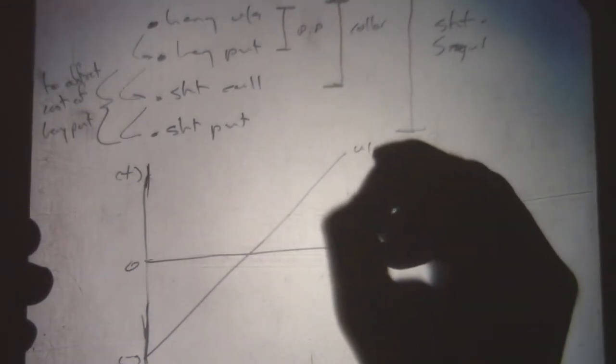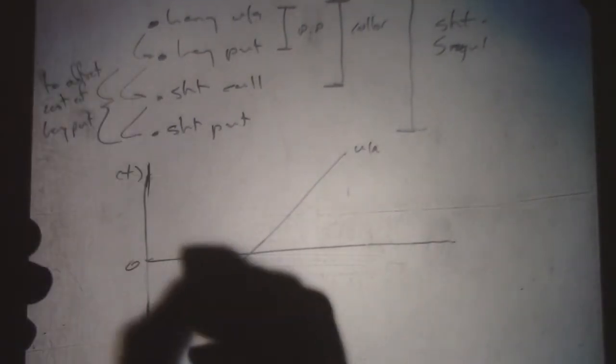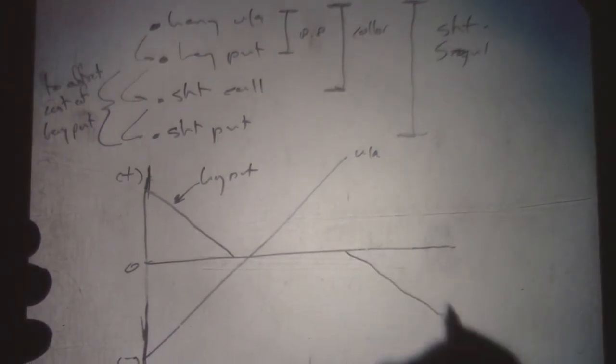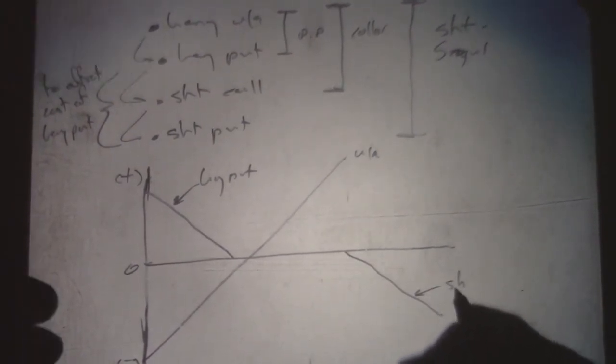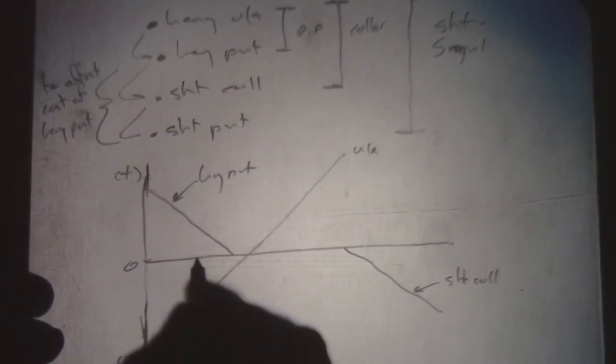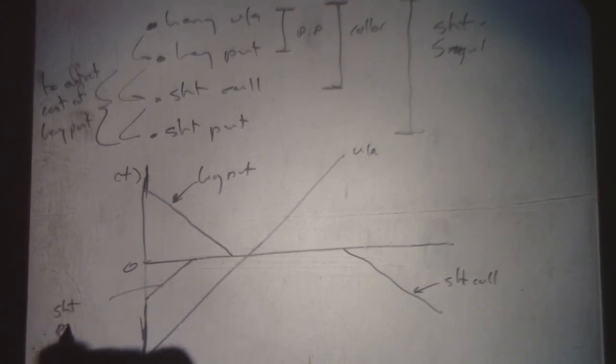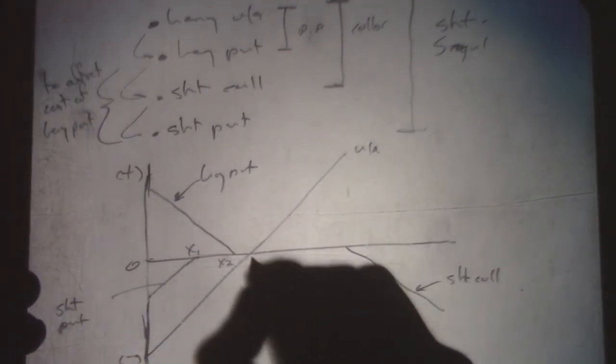You may want to stretch this because it's got a lot of players here. And finally, you could do your X1s, you could do your X2, that's a spot price.